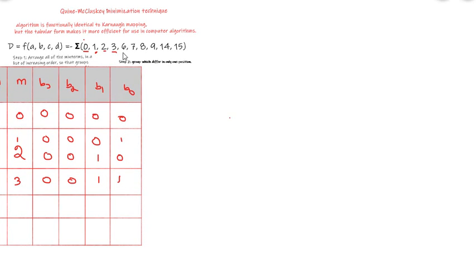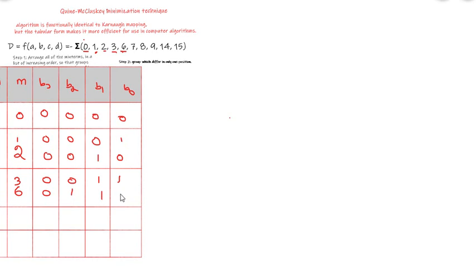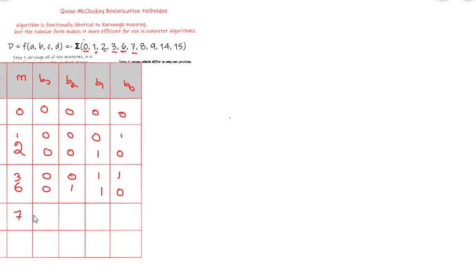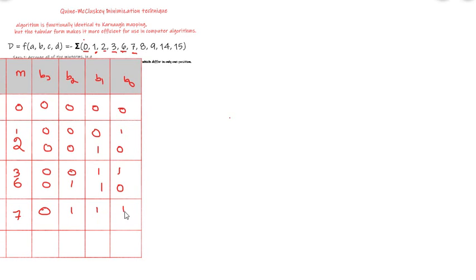Next go to 6. 6 is 0, 1, 1, 0, so the number of ones is 2, and we go with the group of 2. Again try 7. 7 is 0, 1, 1, 1, so the number of ones is 3, so go to the group of 3: 7 is 0, 1, 1, 1.